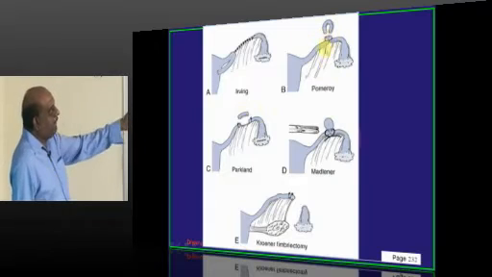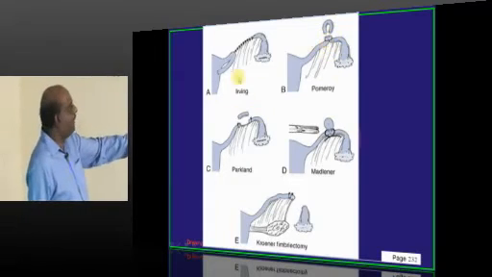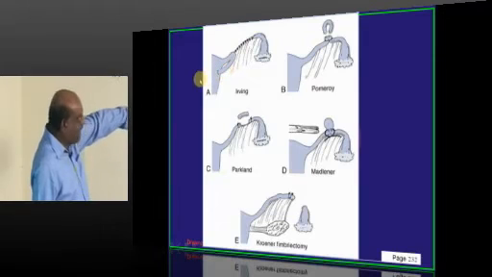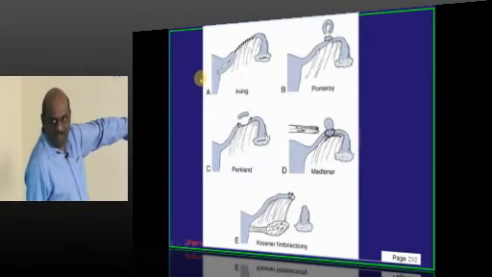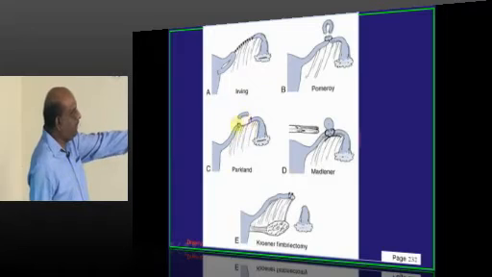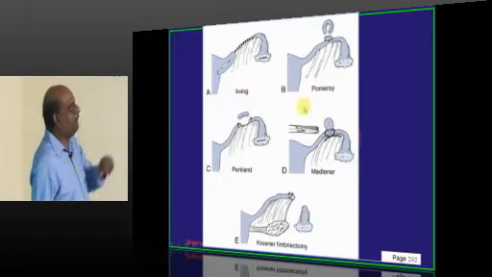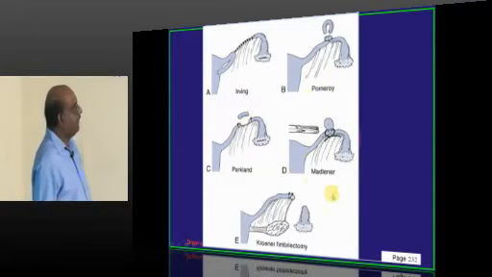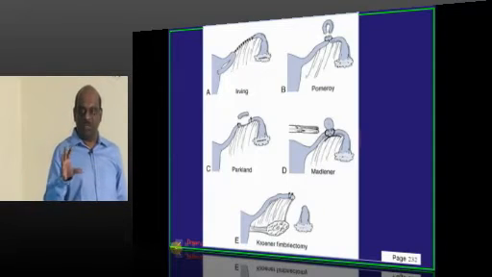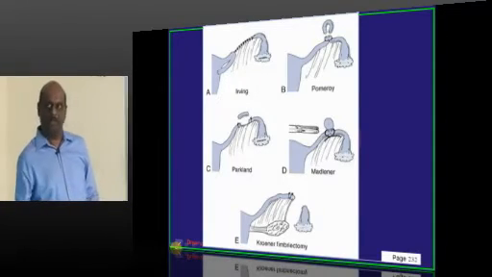Pomeroy, you will make a loop and then you crush. Then in Irving, you will make it get embedded within the broad ligament. Then in Parkland, you will remove it, you won't make a loop like in Pomeroy. So this is the difference. Image based questions, commonly one question on tubectomy they will ask.